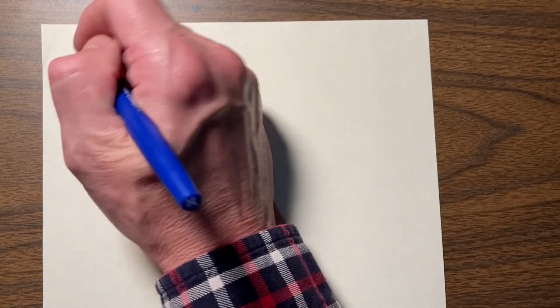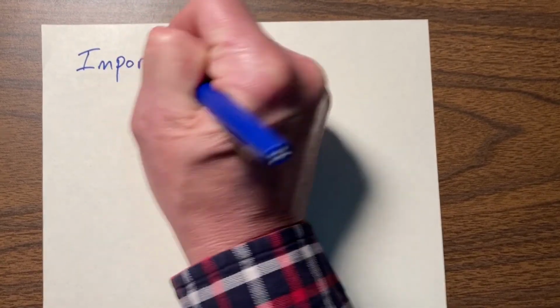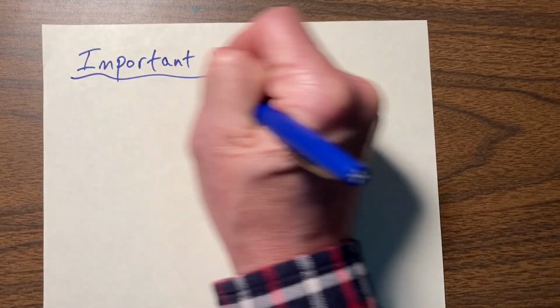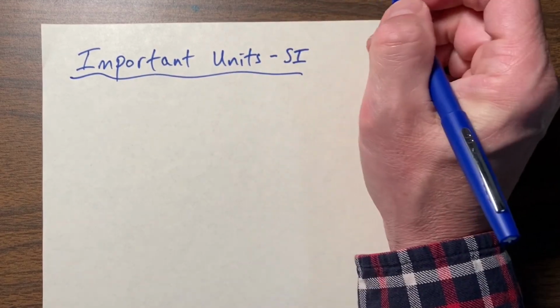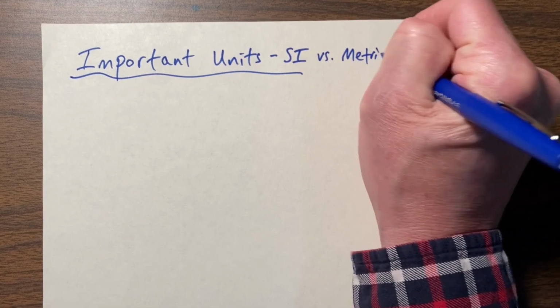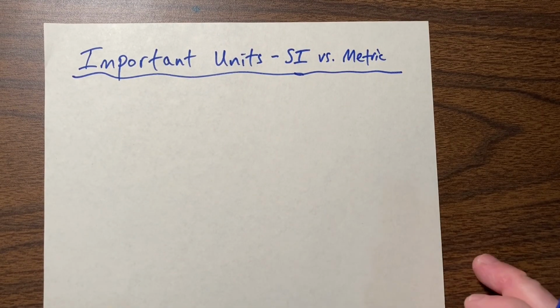We're only going to use a few of them. So here are the important units I want you to learn. Important metric and SI units. There's a slight difference between SI units and metric units, but you can think of them as all one grouping.